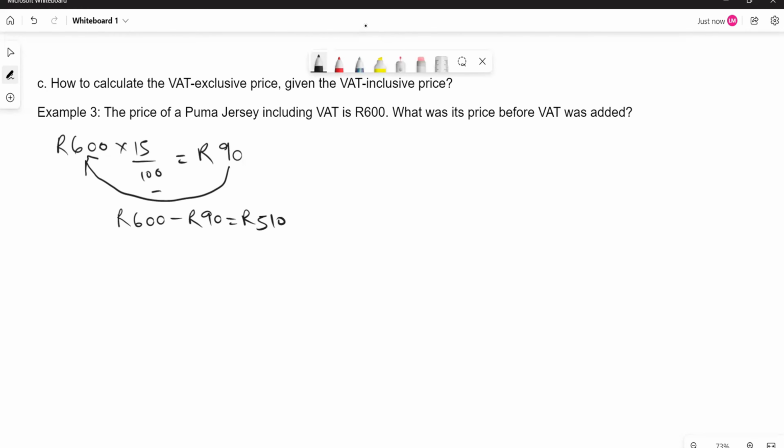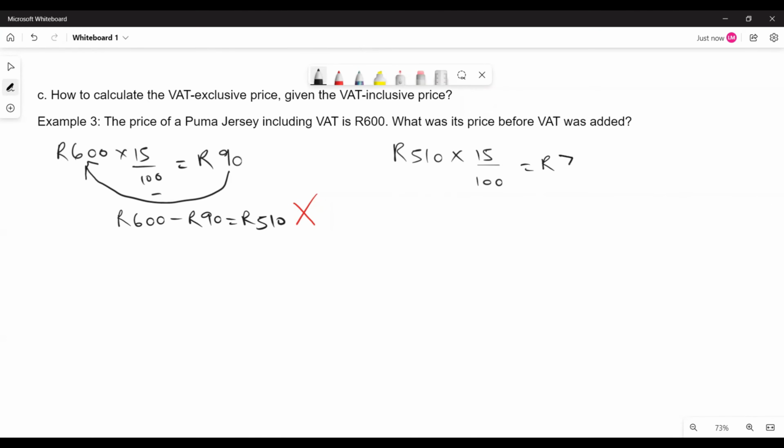But this is an incorrect calculation. Why? Because if I use 510 rands in order to get VAT, which is going to be your 15 over 100, I'm going to get 76,50.